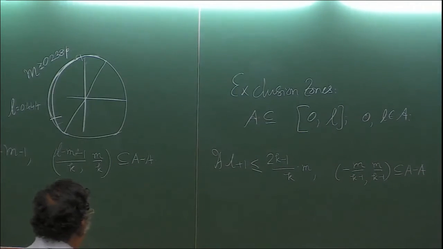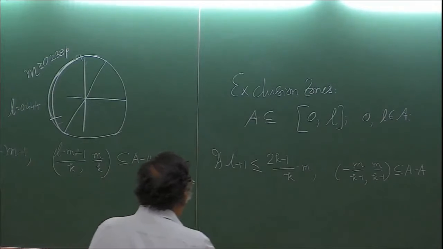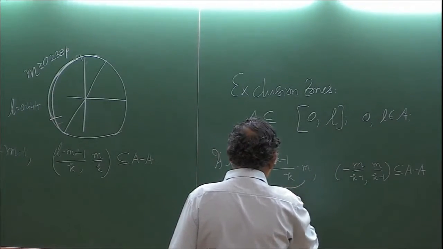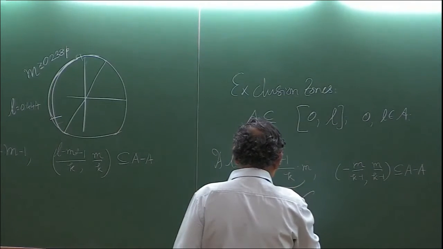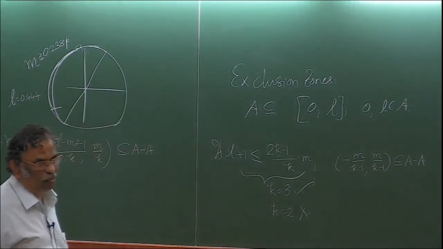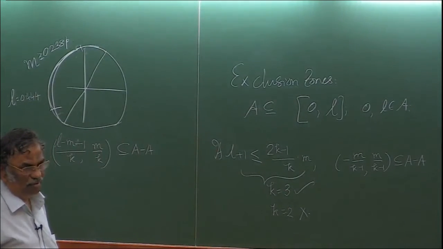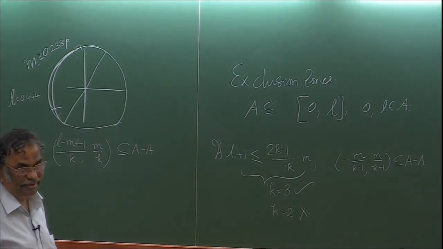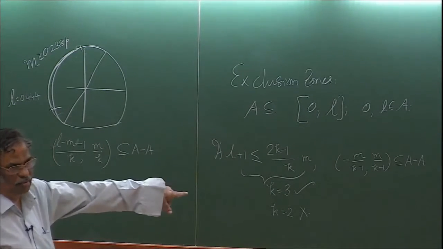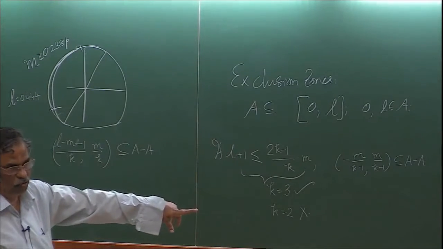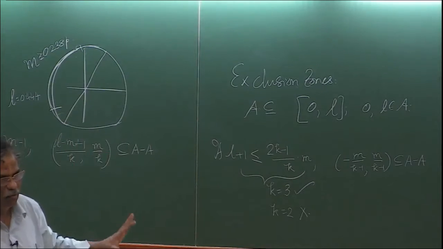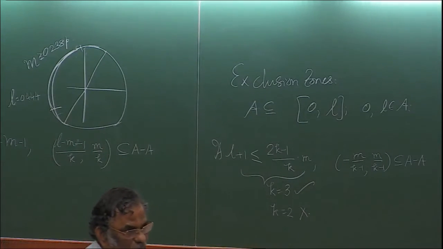And we also verified yesterday that for k equal to 3, this condition is satisfied, and for k equal to 2, it is not satisfied. That was a comment which he was making, that in the original paper of Love, somehow it looks like, at least for the integers and not for Z over pZ, one can even take k equal to 2 and say that minus m to m is an exclusion zone. Since I didn't have much time to verify that particular statement, I will not make more comment on that.